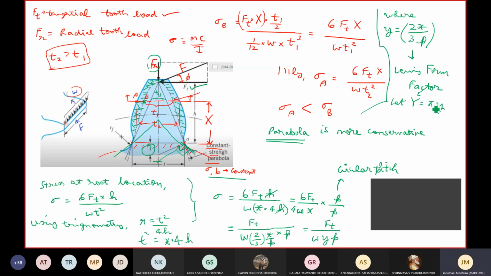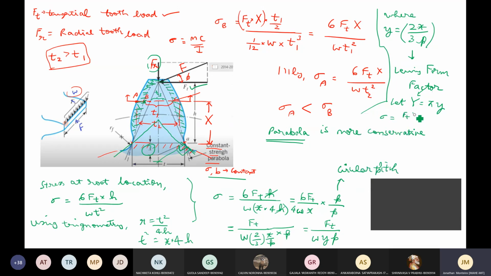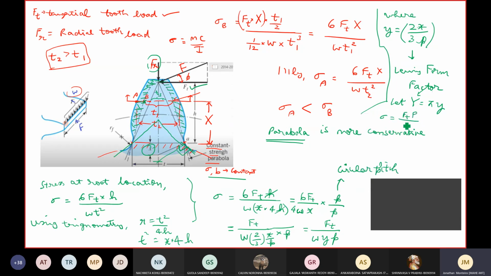Now the equation will change as sigma is equal to Ft, this is p, by F Y, capital Y. Now why we did that was so that we can write this same quantity as the Lewis equation. This is one form of the Lewis equation.